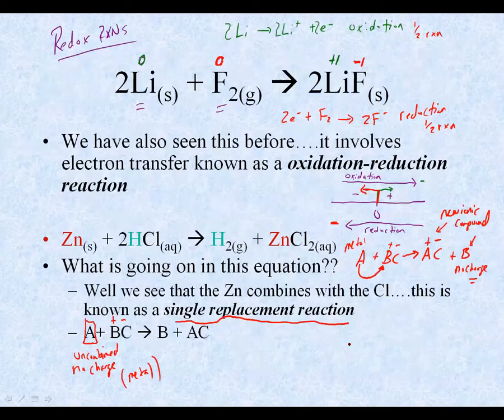This reaction could also happen if what you're starting with is a nonmetal. So again, you'll have your ionic compound here, that's a positive and negative guy. You'll have this guy that has no charge and is a nonmetal. And what happens in this case is the same thing. The nonmetal will come in and kick out the negative guy, because the nonmetal is starting with no charge, but when it gains a charge, it will become negative.